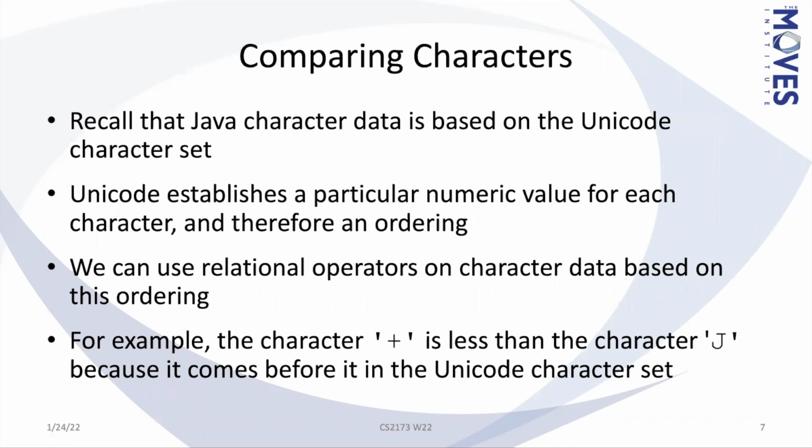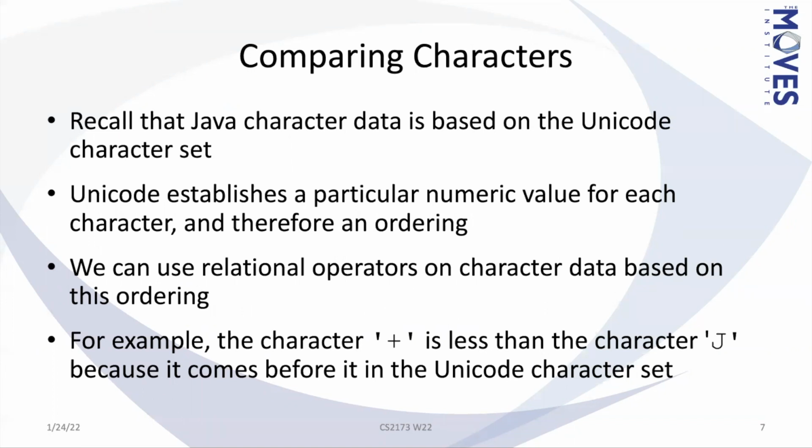Now let's look at characters a little bit. Remember, we have the Unicode character set, which was an extension of the old ASCII character set. And the way that it's represented is that each character has a particular numeric value.